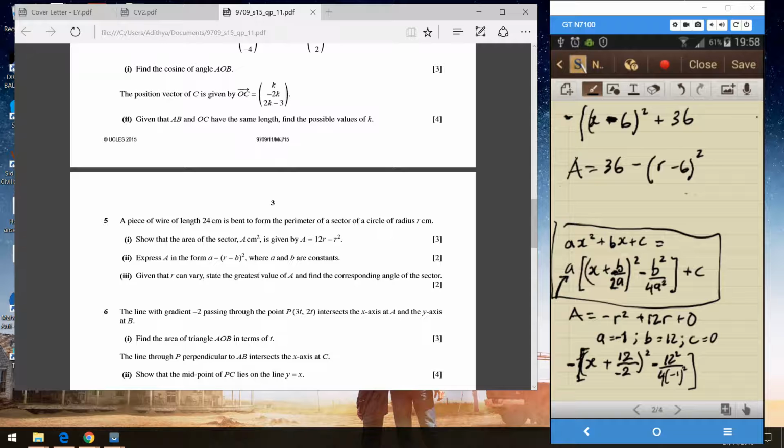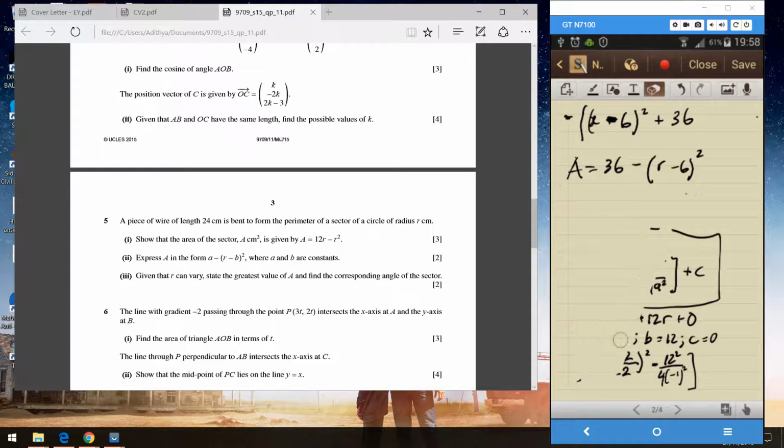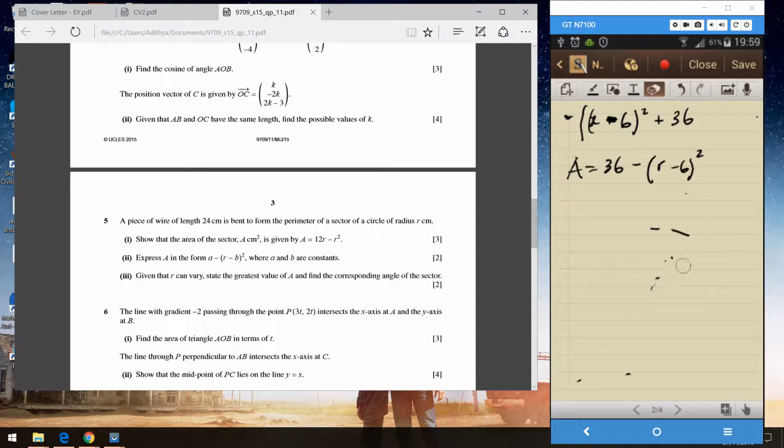Now part 3 says, given that r can vary, state the greatest value of A and find the corresponding angle of the sector. In this equation, it is a maxima minima problem. If you can draw or graph, but you are not allowed a graphic calculator, you can imagine what this would look like.